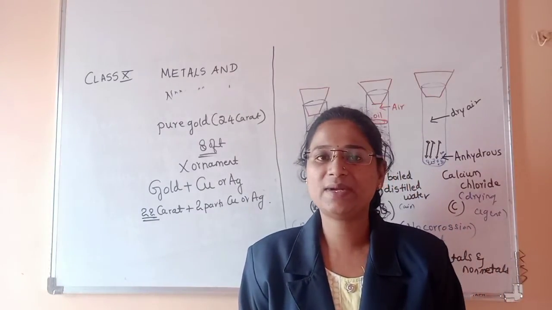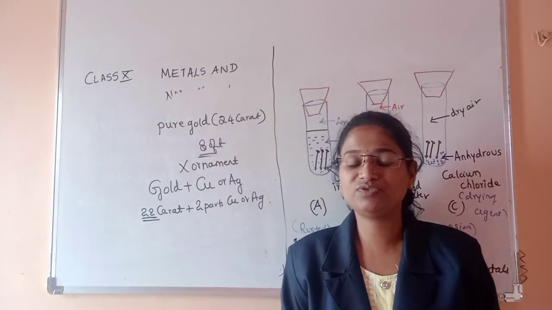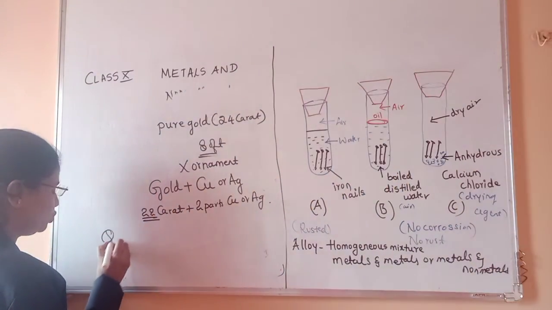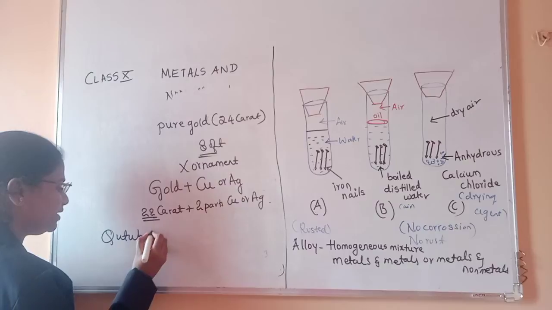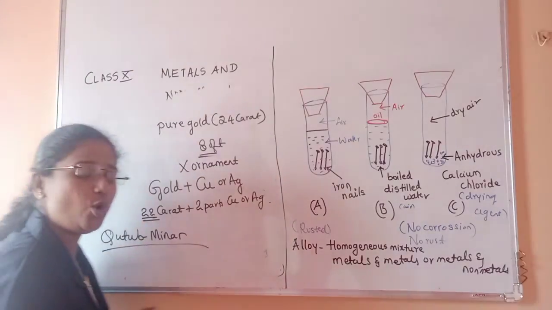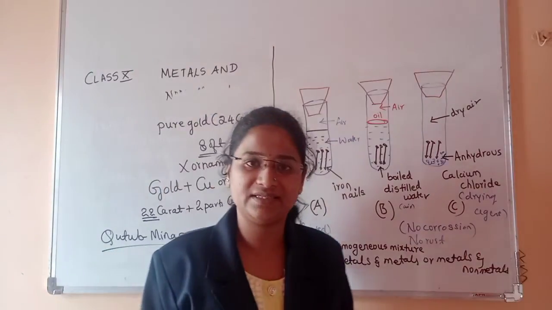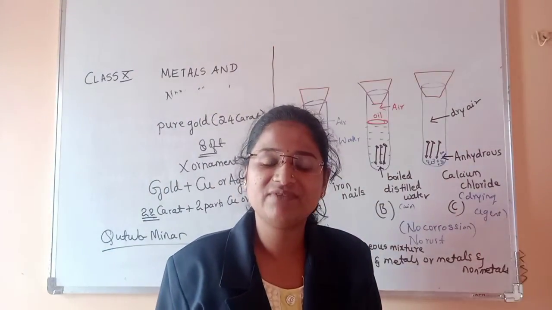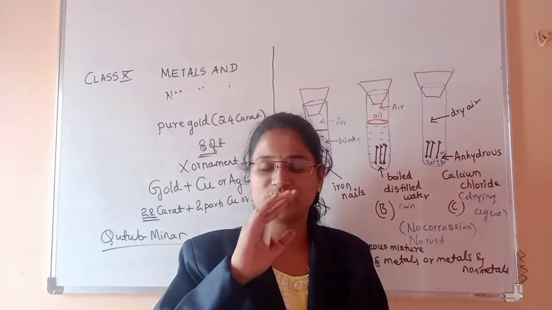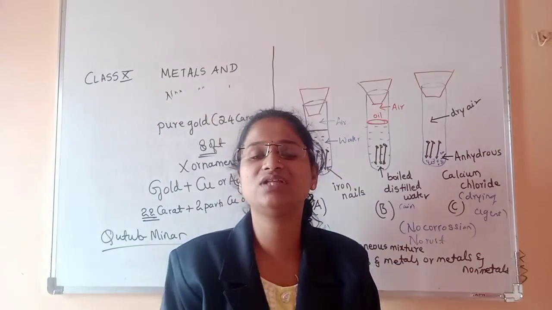You might also have heard of the monument called the Qutub Minar in India. In the Qutub Minar we have one iron pillar. That whole pillar is made up of iron, and even today we cannot observe any rust patch on the iron pillar.